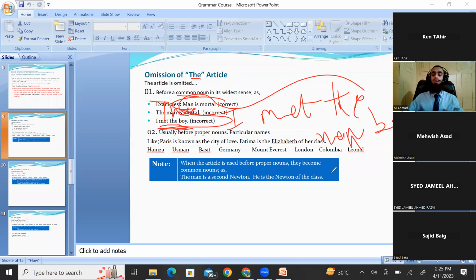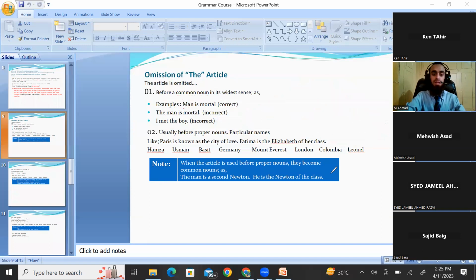Why? Because now it is used in a broader, wider sense. When you use any common noun in a wider sense, conveying a broader message, you are not supposed to use the before it. This is a particular noun, and a particular noun is not going to be represented by the before it.